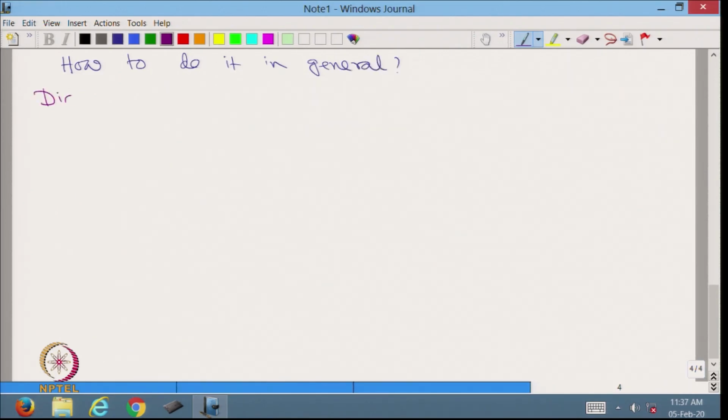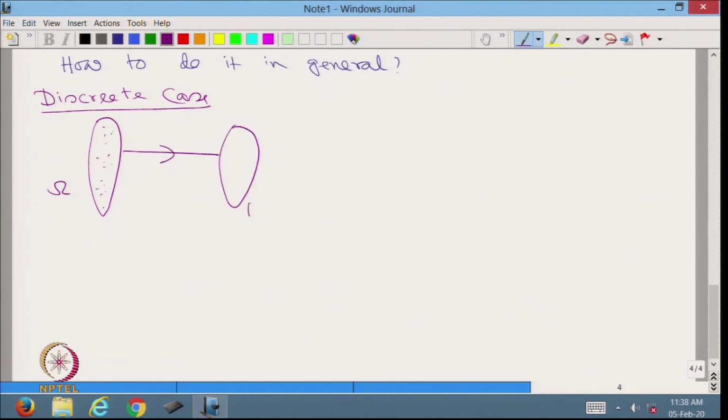So, consider the discrete case. Suppose this is omega and X is such that all these points are mapping to say x1, some other set of omegas are mapping to x2 and some other set of points are mapping to xn, and that is how X behaves.